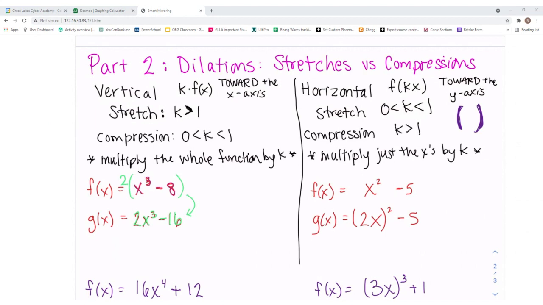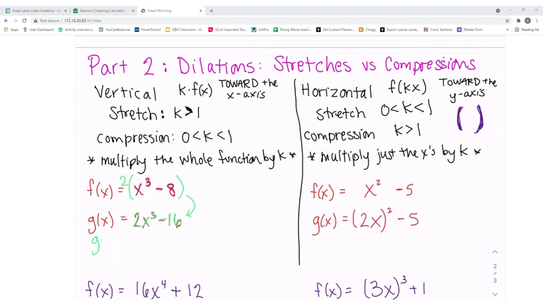And so we say the graph is stretched, toward or away from the x-axis by a factor of 2. Because it was on the outside and we multiplied everything by that.